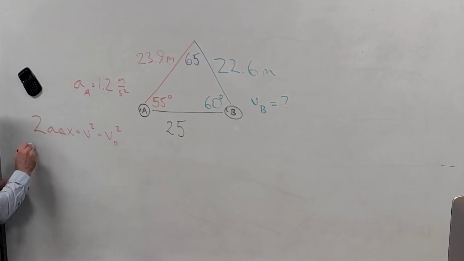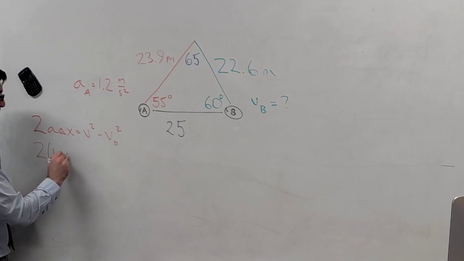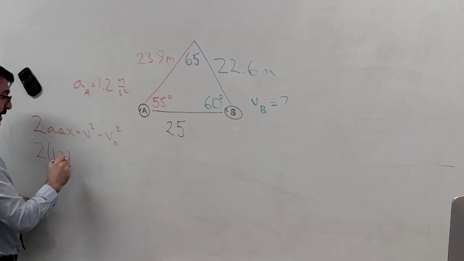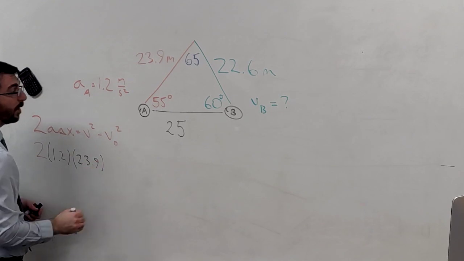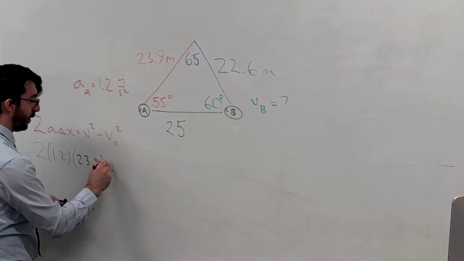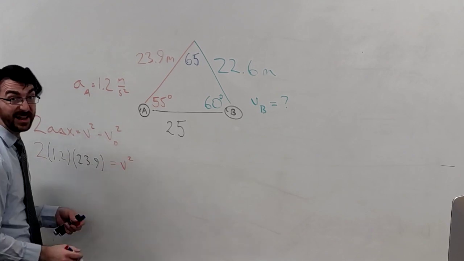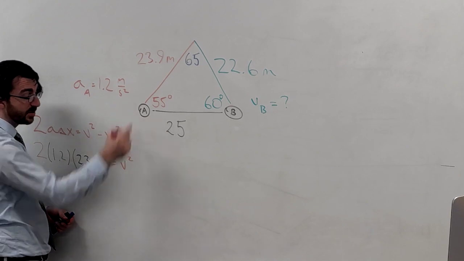For example, I know that a is 1.2. And I know that delta x is 23.9. What I don't know is v squared. I don't know how fast it was at the end, but I do know that v naught was 0. It just started from 0.